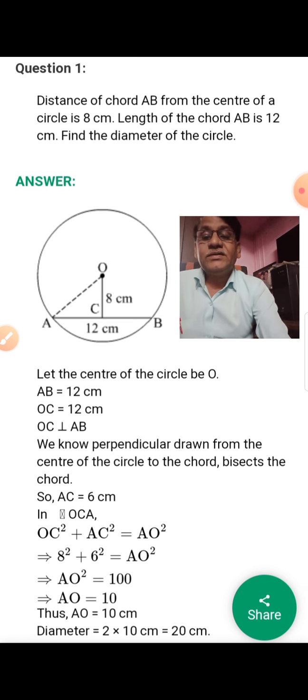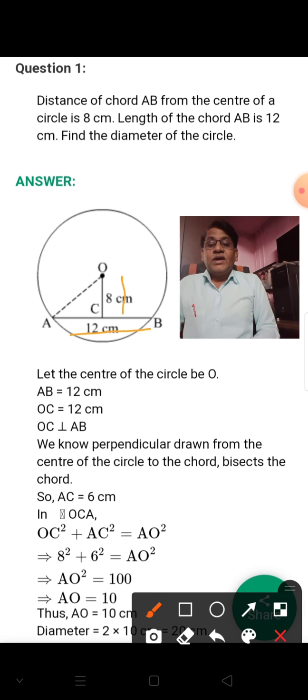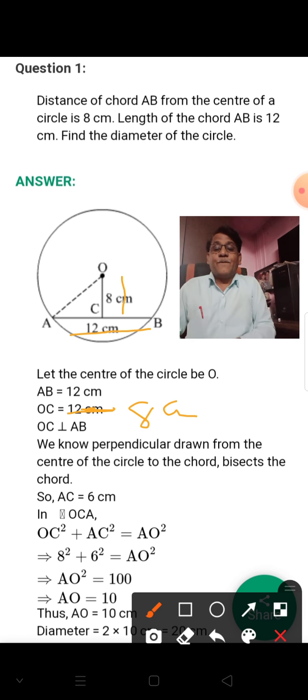Right, we already know that this distance is perpendicular to AB. So let the center of the circle be O, AB is equal to 12 centimeter, and OC is equal to 8 centimeter. Sorry, OC is 8 centimeter.